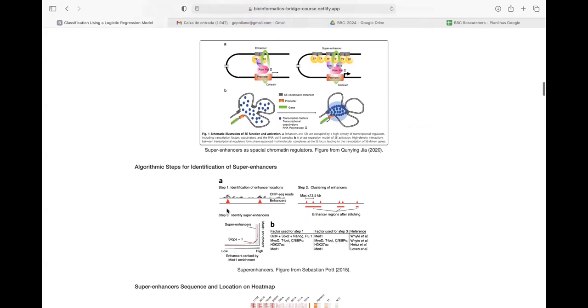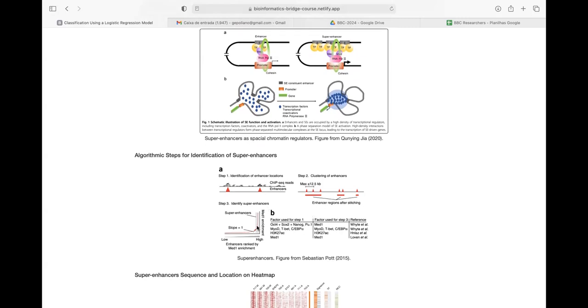These would be algorithmic steps to identify super enhancers. First of all, there has to be a high enrichment for chromatin immunoprecipitation. It's an experiment that can help us pull down regions that are bound by some transcription factors, okay?